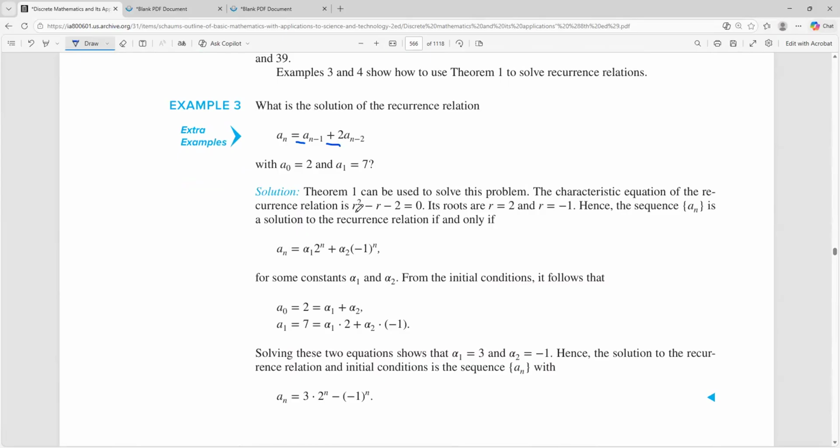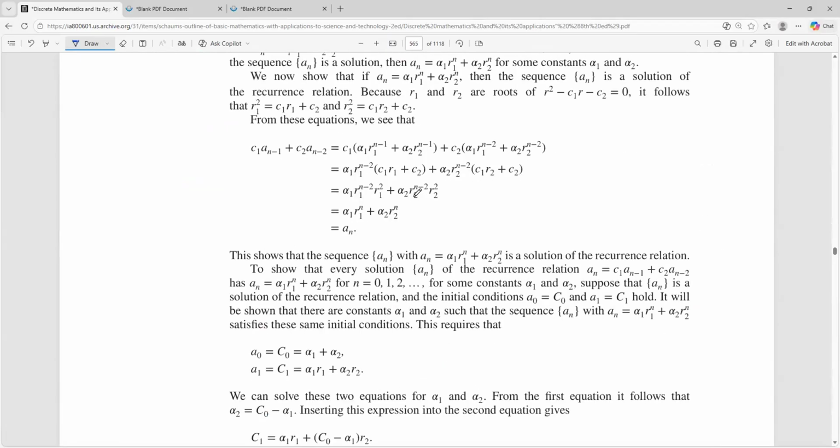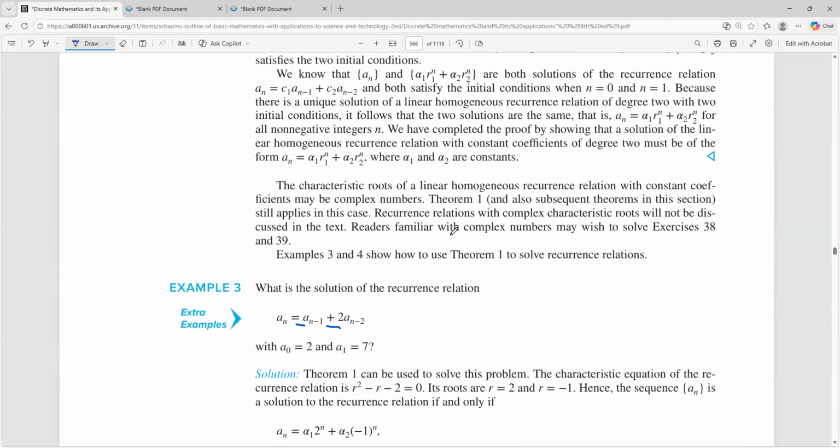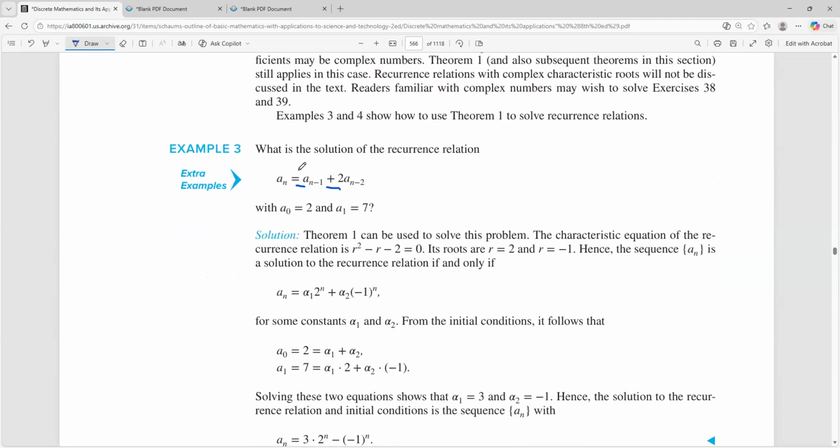So the characteristic equation is r squared minus 1 times r minus 2. Okay, so let me just write this here: C1 is 1, C2 is 2.